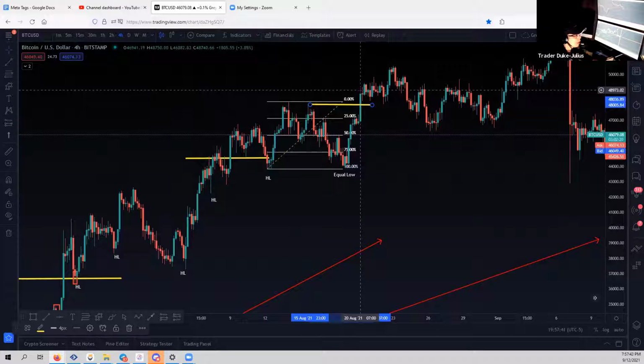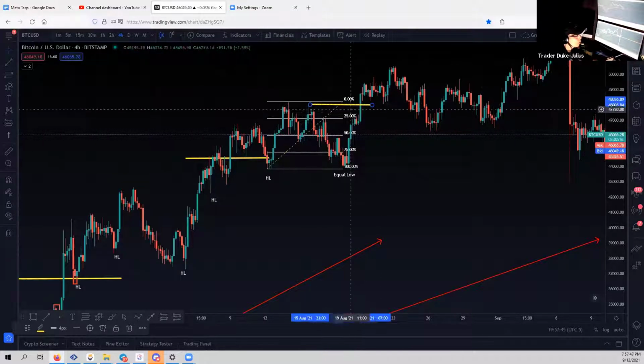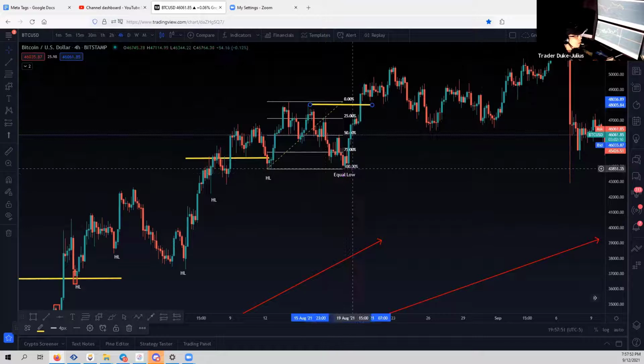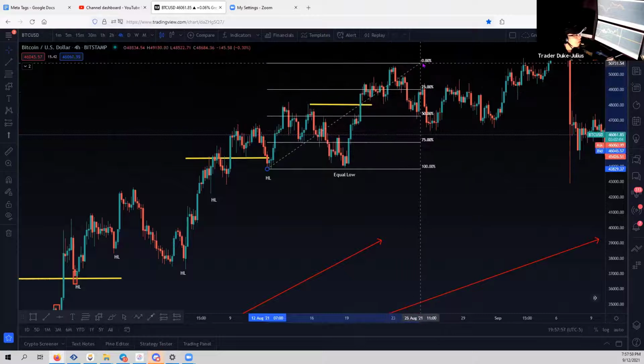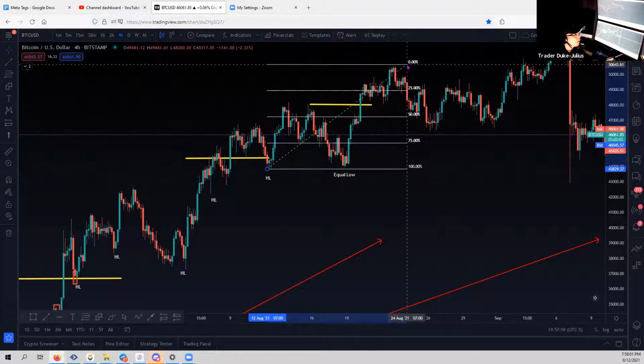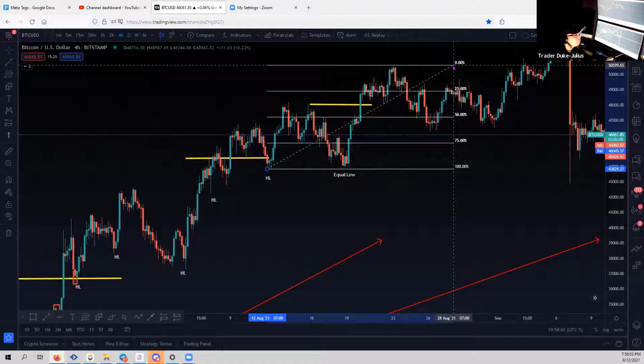Price impulses to the upside. Break in market structure. This structure here was broken with this impulse. We can move our FIB. It's still the same because these are equal lows, but the top of our FIB we would change. The top of our FIB would be right here.